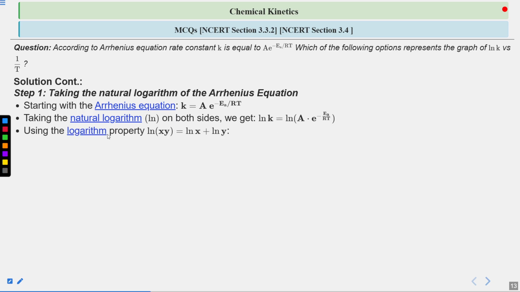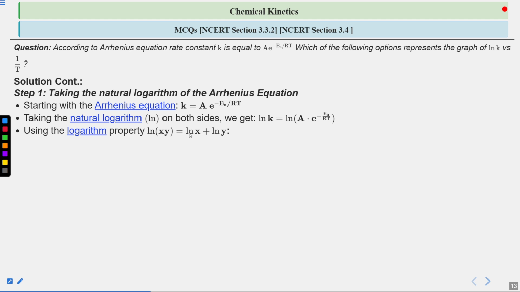Now using the logarithm property, ln of xy will be ln x plus ln y. This is a log property that if two things are in a product inside the ln, it can be put as ln x plus ln y.